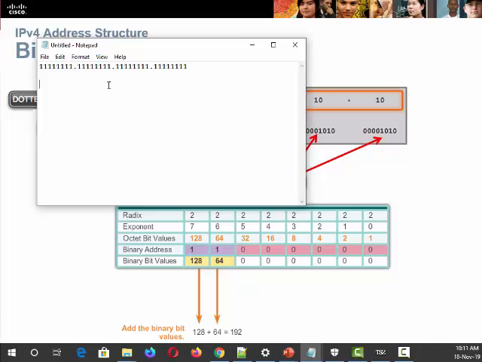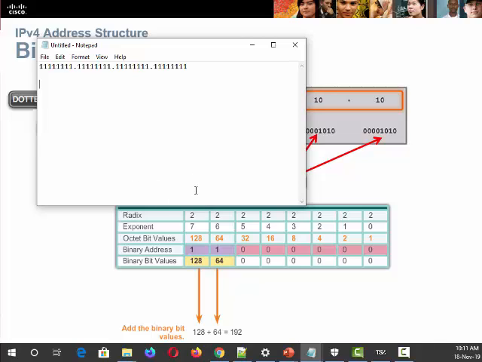So how does the computer convert decimal to binary? That is what we want to look at now. We are going to make use of what happens inside this octet. In each octet we have what are called radix and exponents, just like what I am pointing at here.